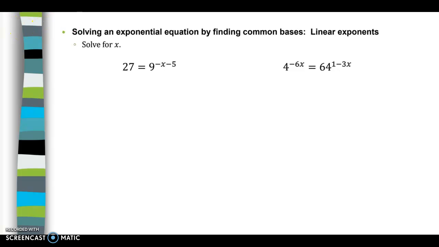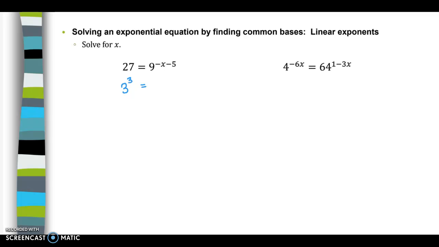For this next one, we have 27 equals 9 to the negative x minus 5. Now, neither of these are the same base, but I know 27 can be written with a base 3, and 9 can be written with a base 3. So 27 is 3 cubed.